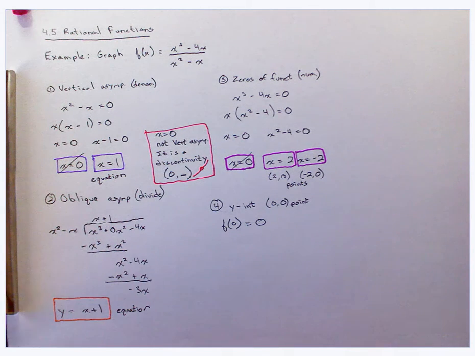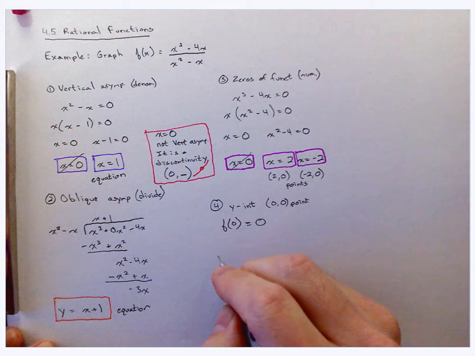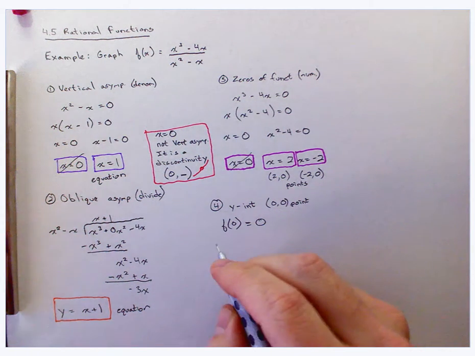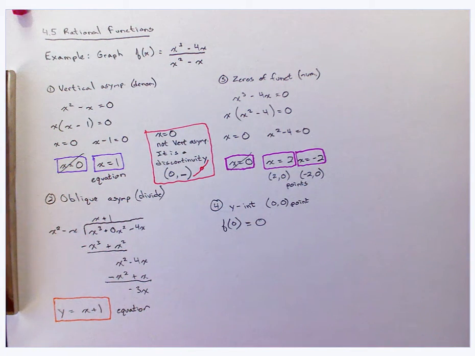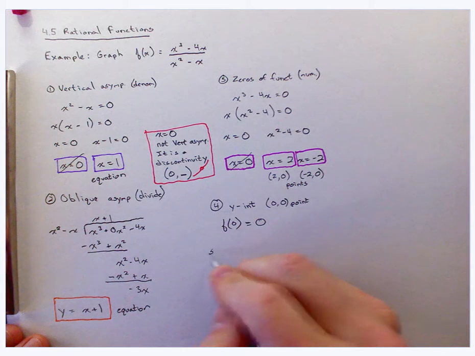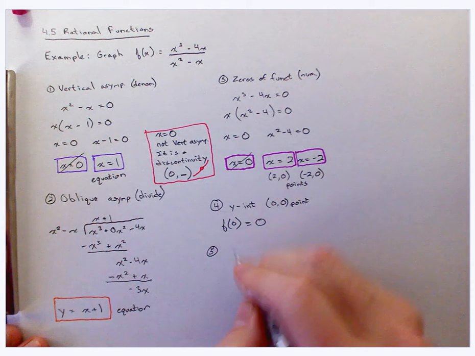Okay, the other thing that I can do is look at my factors and factor out common factors from my rational function to give me a better idea, and I've already factored them.